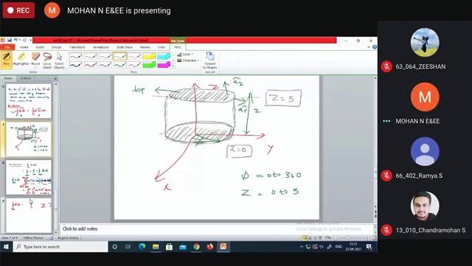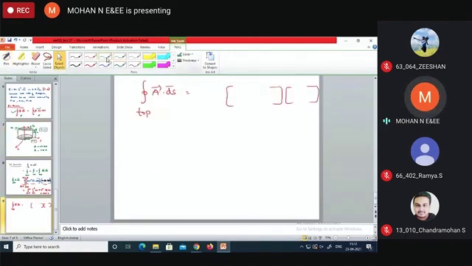Therefore, your ds vector changes. It is r into dr into d phi into az cap, and the A vector remains as it is, 30 times e power minus r into ar cap minus 2z into az cap.